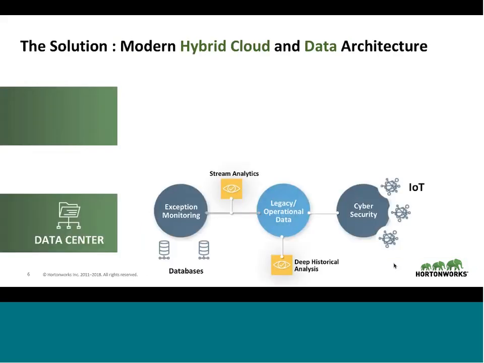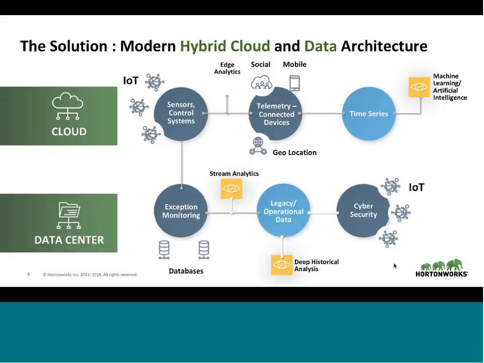So what this means is that you really need to start to find a way to leverage and create a modern hybrid architecture that allows you to connect all of the different data types that you're working with, across both your data centers and within the cloud, and that will allow you to extend even data collection to the edge. Obviously, IoT is a growing area.